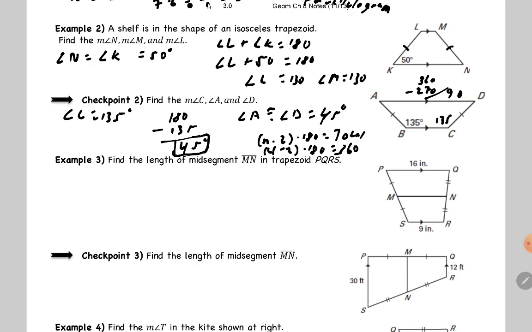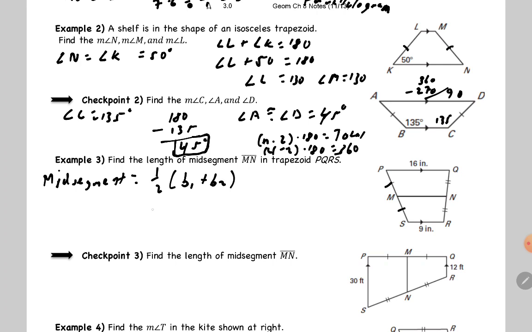Example 3. Find the length of the mid-segment MN in trapezoid PQRS. So we know that this is the mid-segment because it divides the two legs into two congruent parts. And we have the formula, the mid-segment is equal to 1/2 base 1 plus base 2.